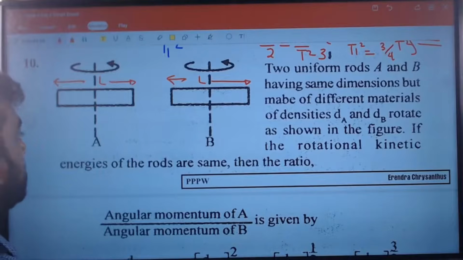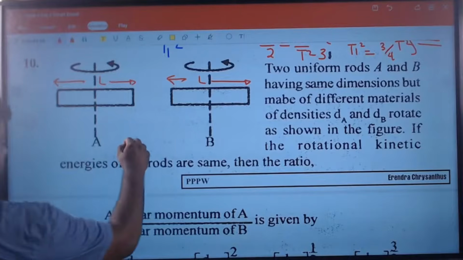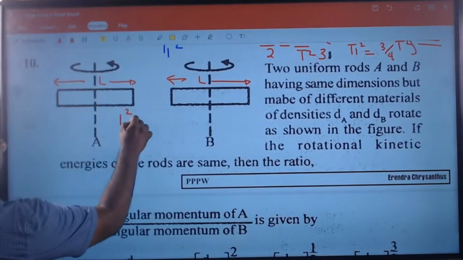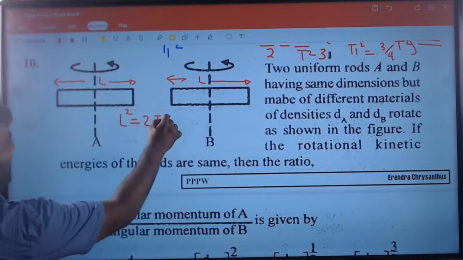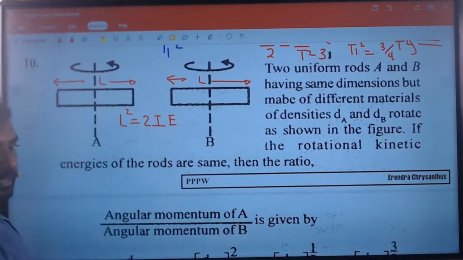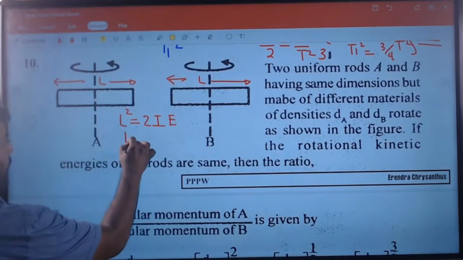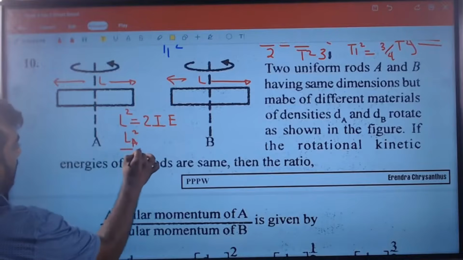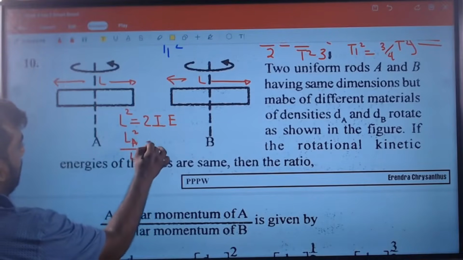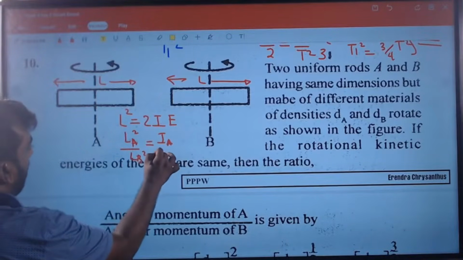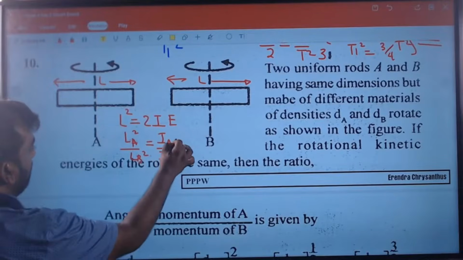Rotational kinetic energies are the same. So what's the theory? L squared equals 2IE. Rotational kinetic energies are the same means angular momentum of A divided by angular momentum of B, in terms of moment of inertia of A divided by moment of inertia of B.